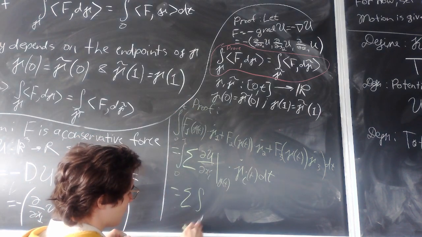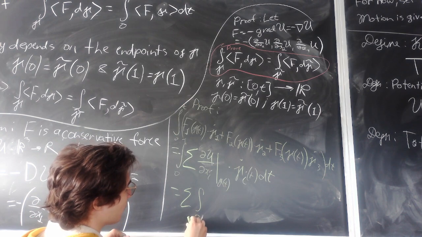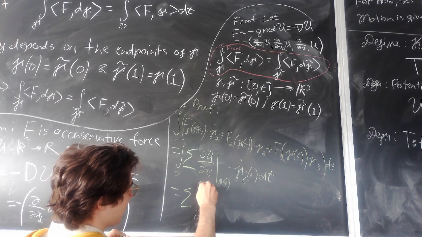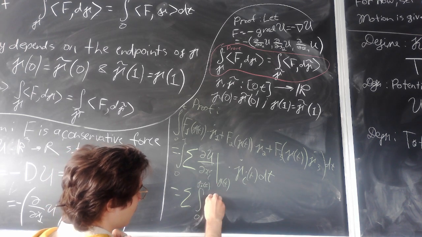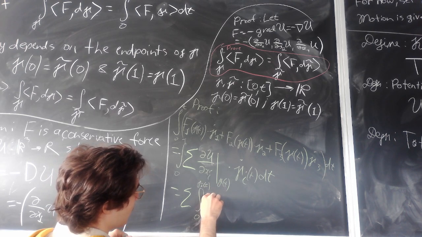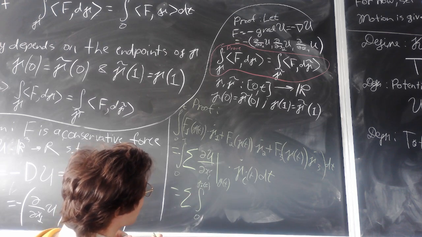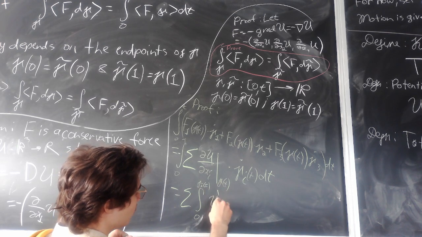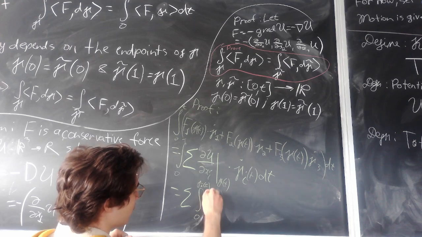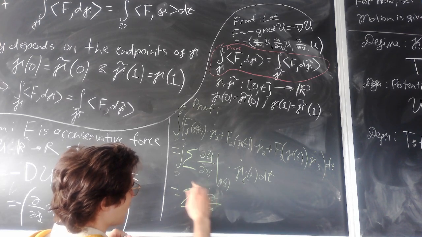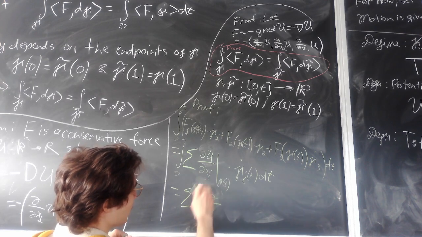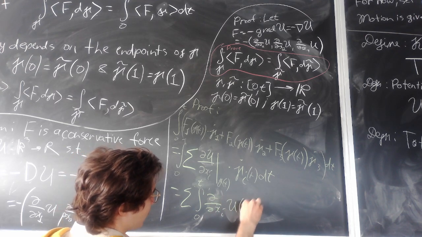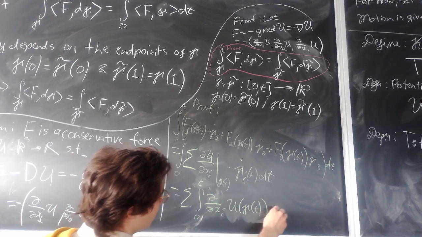I can replace this as the sum of integrals of the derivative of u of gamma of t.